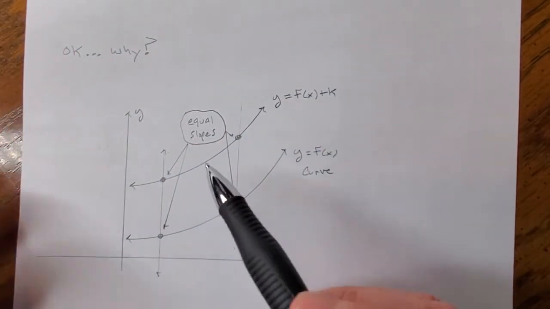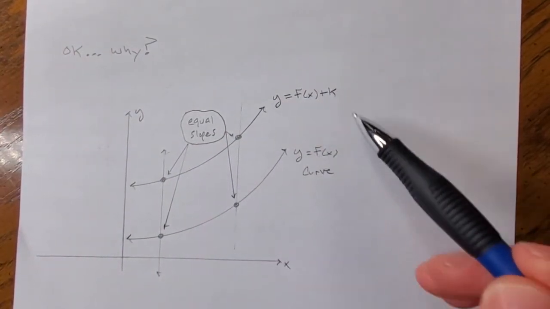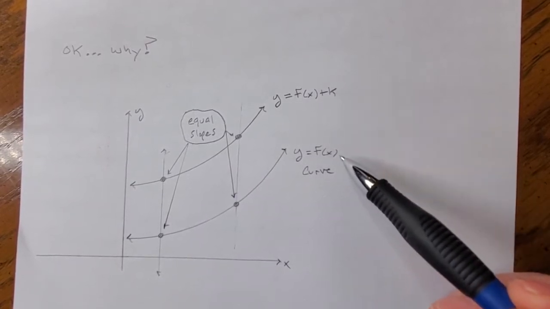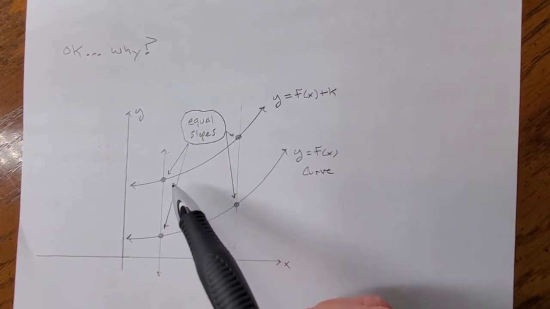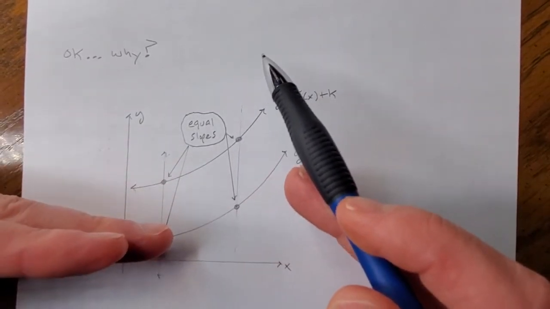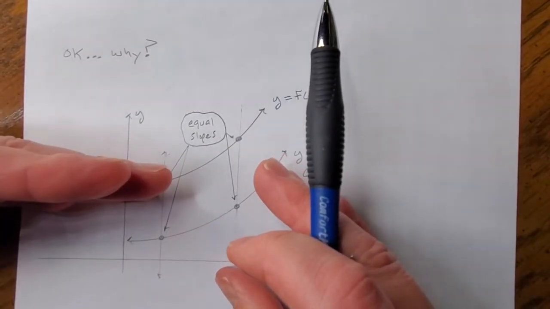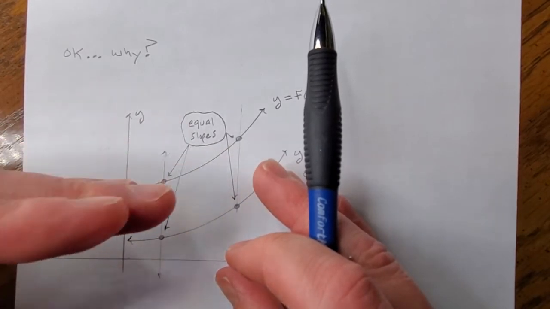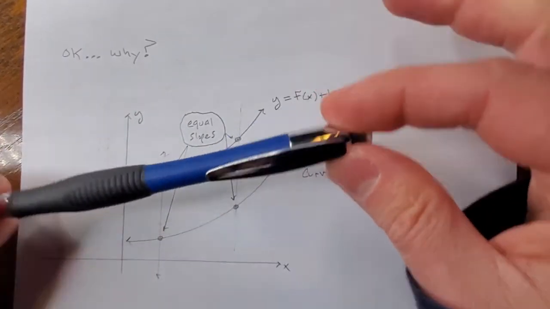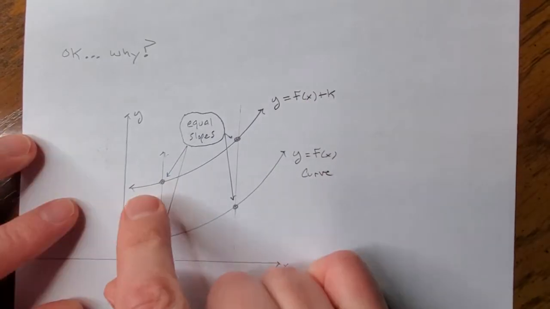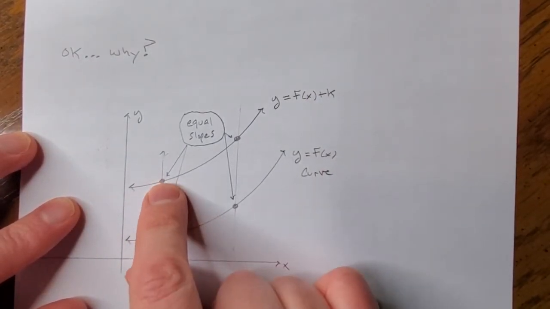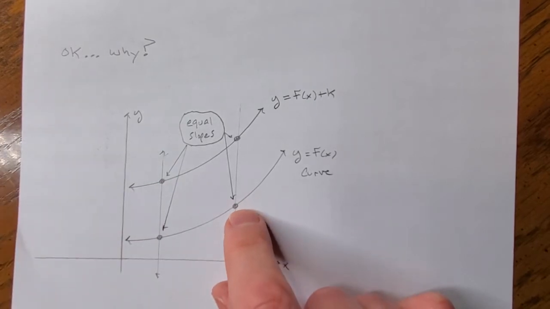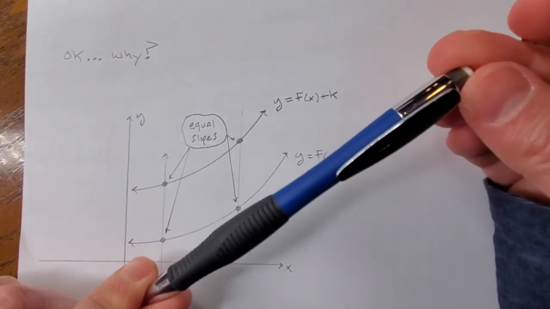Here's why the derivatives are the same. Whatever the slope is here is going to be the same there. If you take this curve and literally pick it straight up, you're not changing the slope. You're not making it more or less steep at that point if you just lift it up. You take another point, and the slope right there looks about like that.